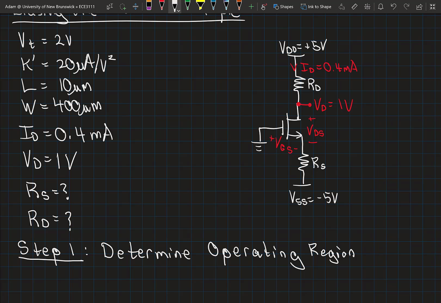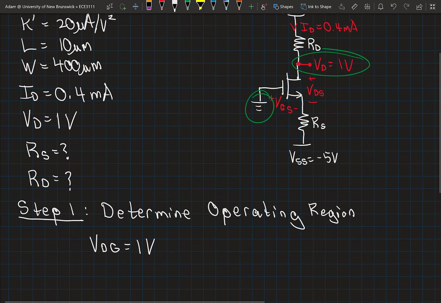Okay, so we might note here that the drain voltage, we said, needs to be 1 volt. Since the gate is connected to ground, I could actually say that the drain to gate voltage is 1 volt, since I'm told my drain is 1 and my gate is at 0.